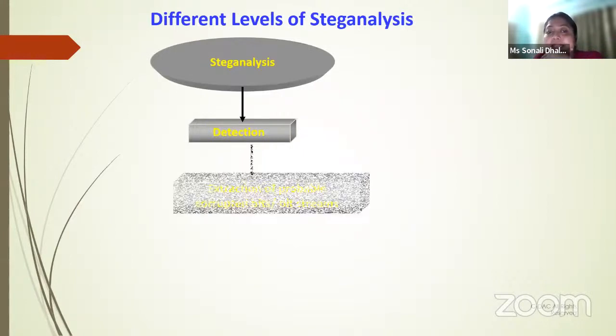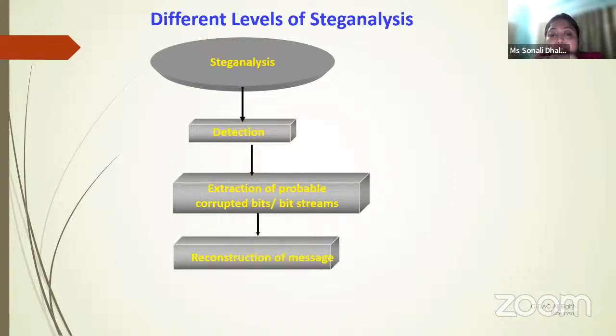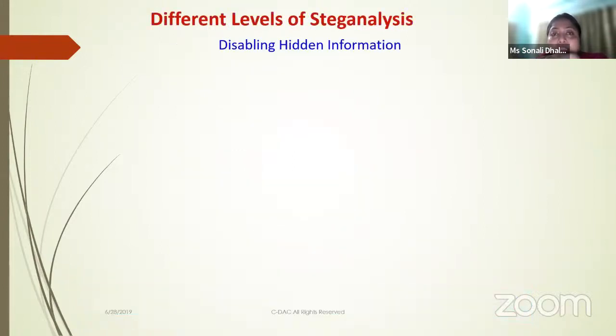If anything is hidden, then we try to extract the probable corrupted bits or streams, and if possible, from the extracted bits we try to reconstruct the message. Disabling of the hidden message by performing some transformation like translation, rotation or scaling can be done, but our law enforcement agencies' requirement is maximal reconstruction of the message. That is very easy for their investigation.